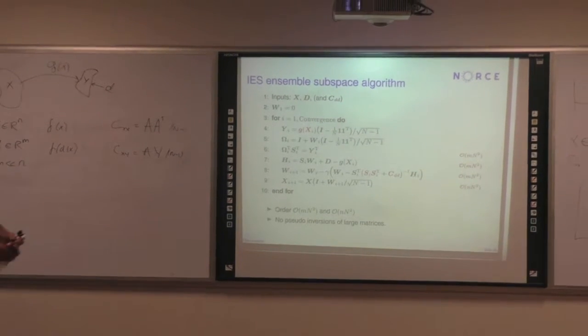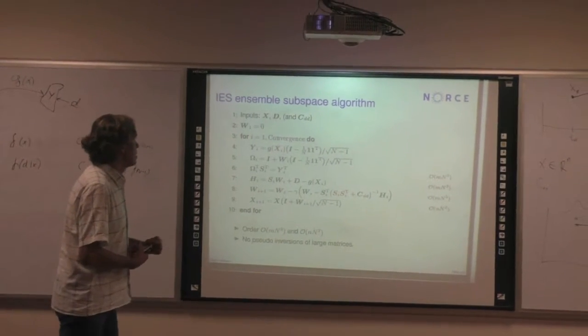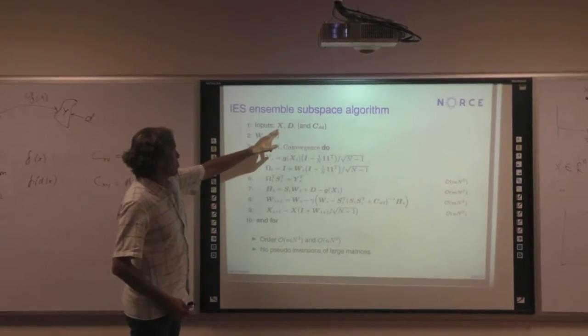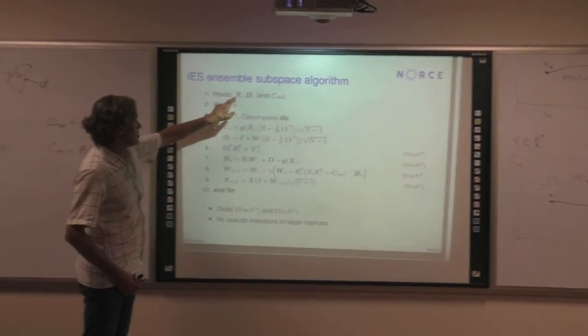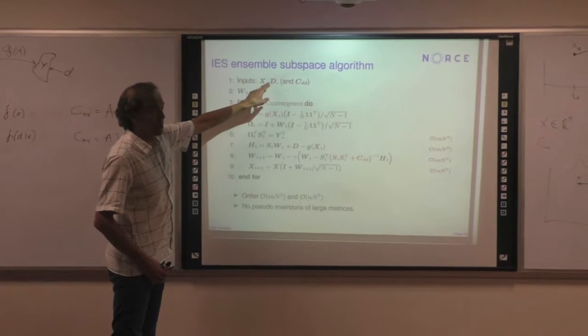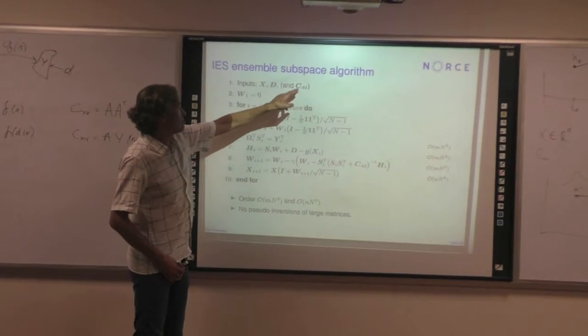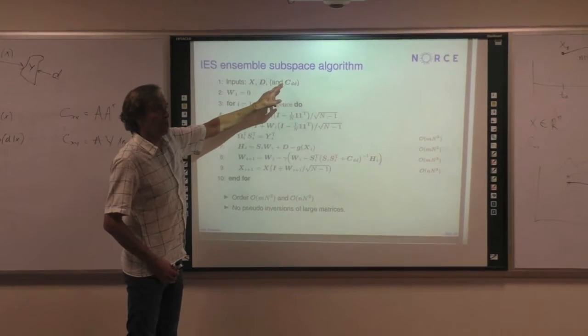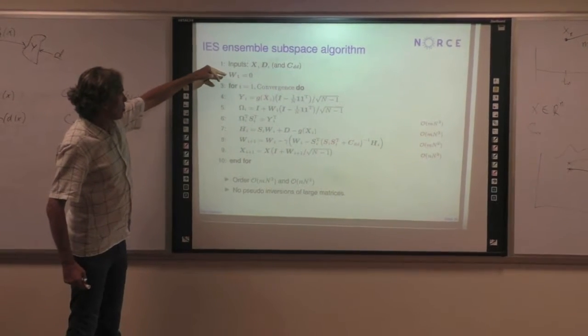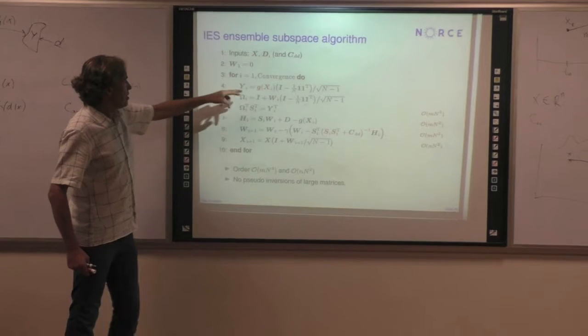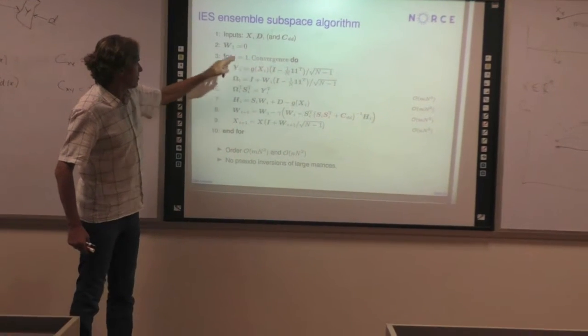And the way we write the algorithm is like this. The only inputs you have are the ensemble of state variables and the ensemble of measurements. We start with W1 equal to 0. We run, and then we have a loop here.